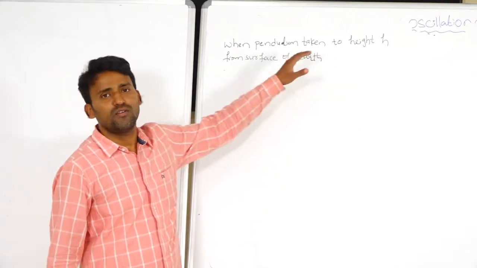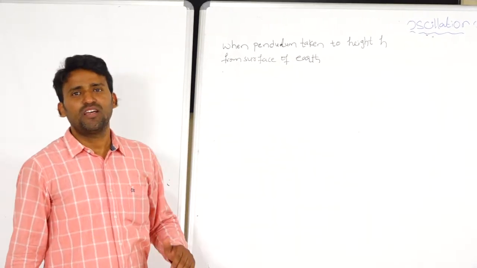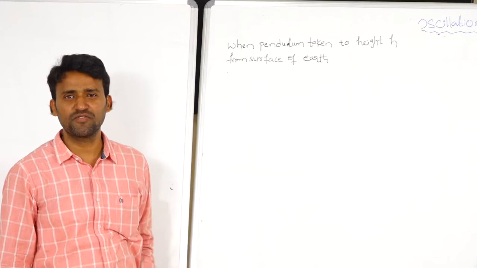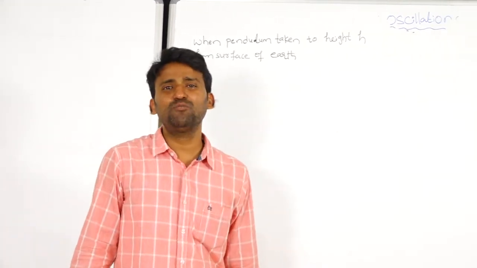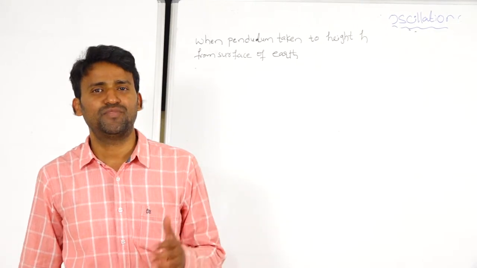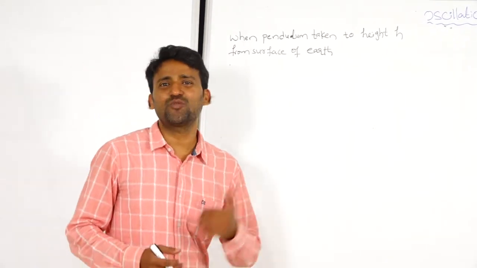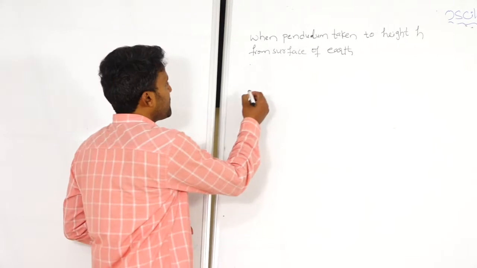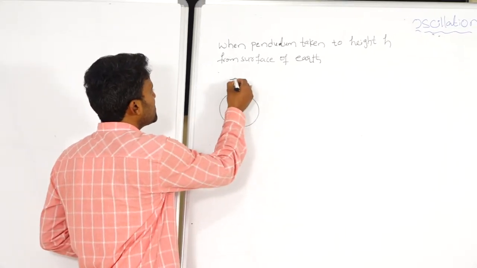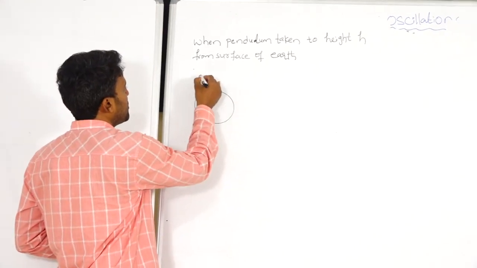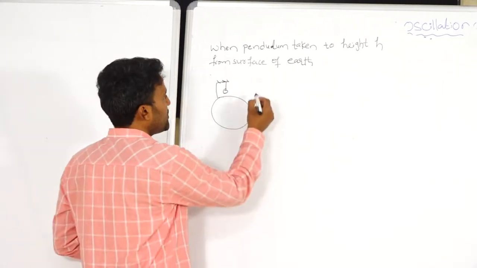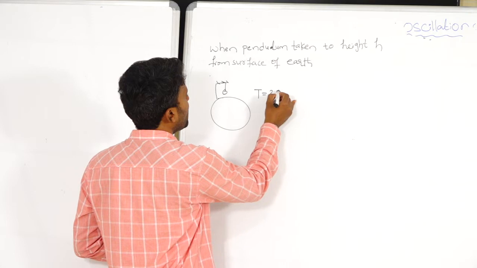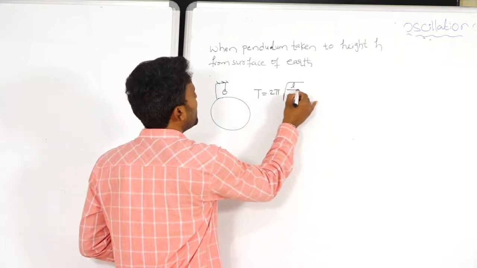When a pendulum is placed at a certain height from the surface of the ground, what is the time period? At that moment the clock can lose time. So what is the equation? For example, when the pendulum is placed on the surface of the ground, at that time the equation we know is T is equal to 2 pi under root of L by g.